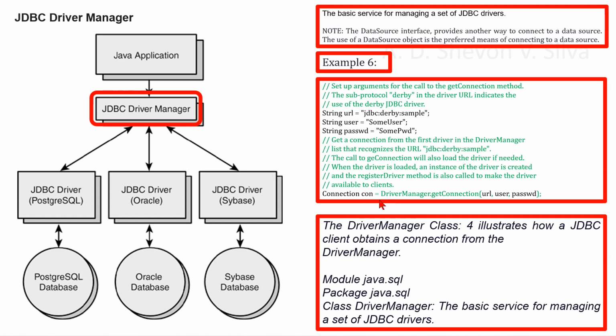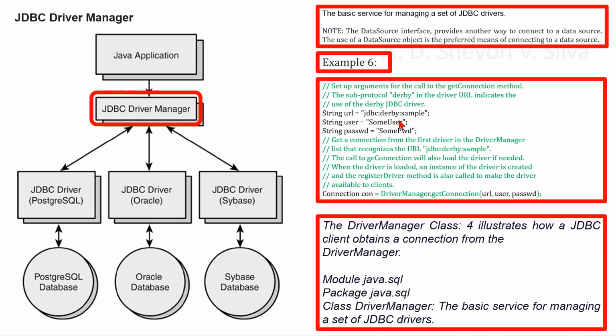The format of JDBC URL is jdbc:subprotocol:subname, where subprotocol defines the kind of database connectivity mechanism that may be supported by one or more drivers.